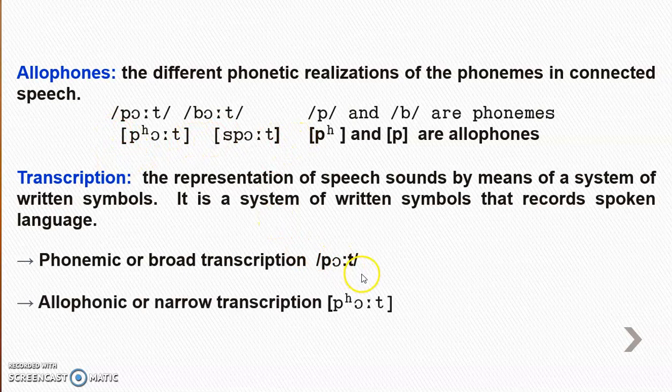And that's what we call allophonic or narrow transcription, because I'm showing details. Basically, we'll be doing phonemic or broad transcriptions, but we'll teach you the allophones of some phonemes this term.